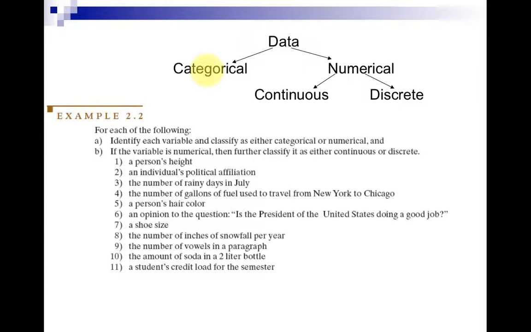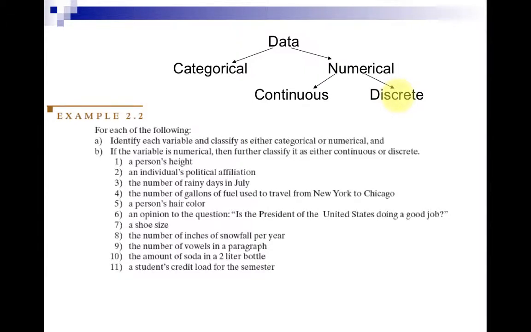A shoe size. This is an interesting one because shoe sizes versus foot length are two different things. The length of a person's foot would be considered numerical and continuous. However, a shoe size is numerical and discrete. And the reason is because shoe sizes can only take on half sizes and whole sizes.